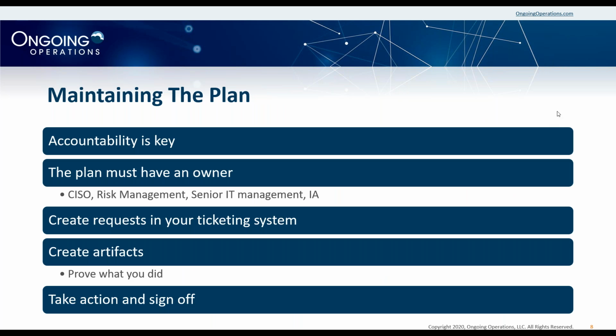Yeah, thank you, Ben. So now we're going to move on to maintaining the plan. And the top item, accountability is key, right? We've got to have an owner, and who that's going to be depends on your organization and its size. If you have a CISO, that's a key person that could own it. Risk management, senior IT management, or in a lot of organizations, we see internal audit owning this.